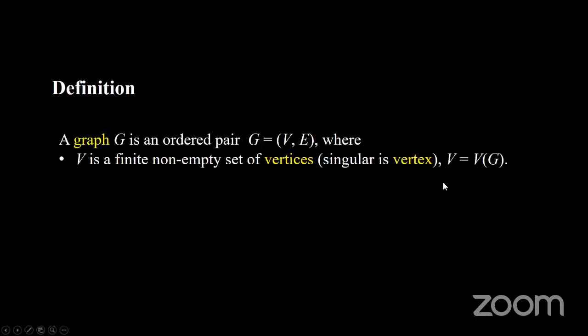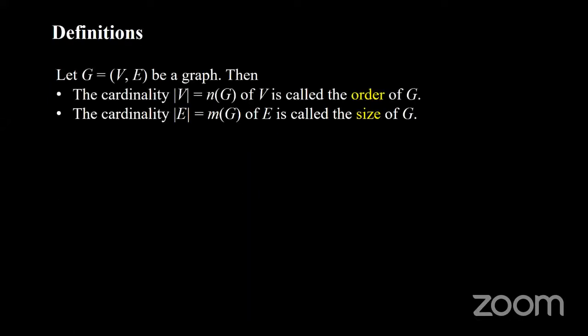If the graph is G, then we denote it V(G). That's the denotation. And E is the set of edges. It could be empty. The notation for E is E(G). So if G is a graph, then that's the notation.